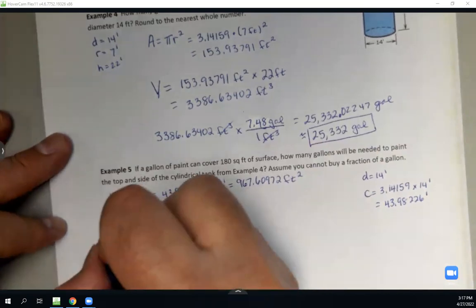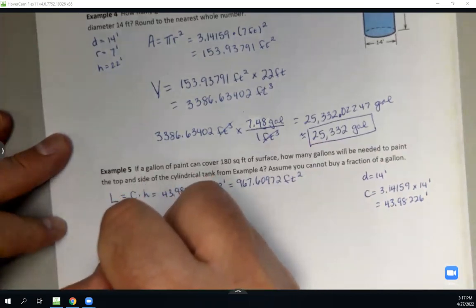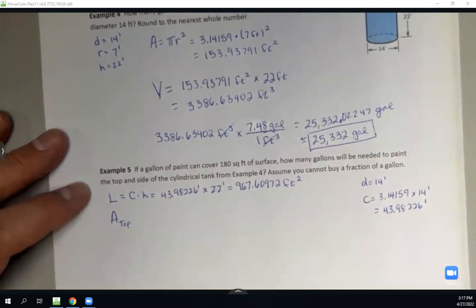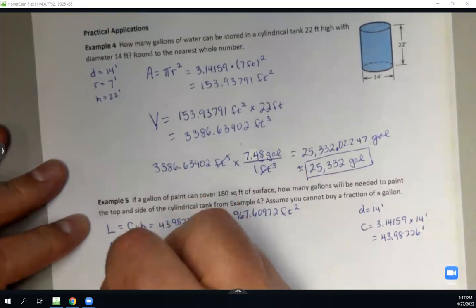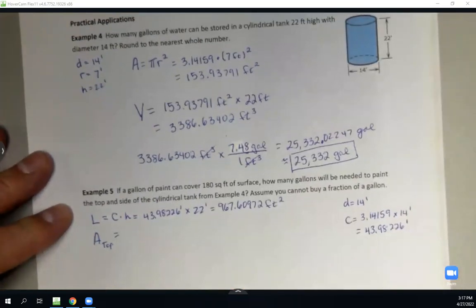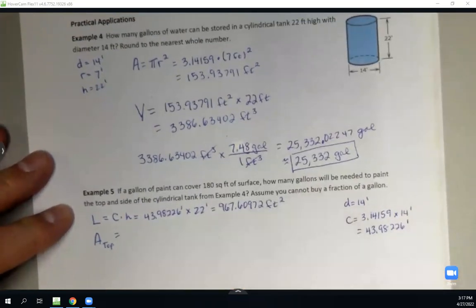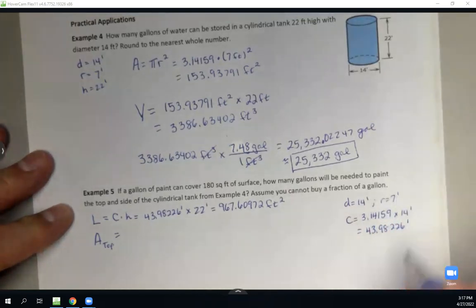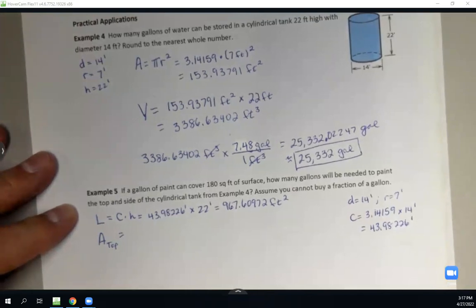I also need to find the area of the top. Well, the area of the top, I know the diameter is 14, so I could use that version of the formula. But if the diameter is 14, that means the radius is 7, right?